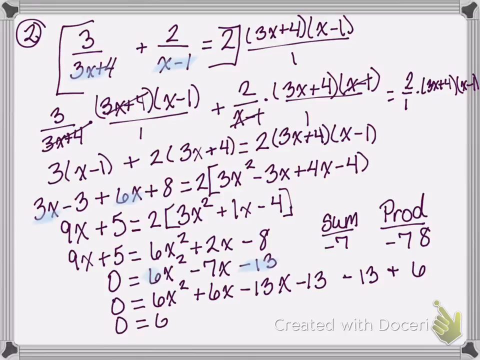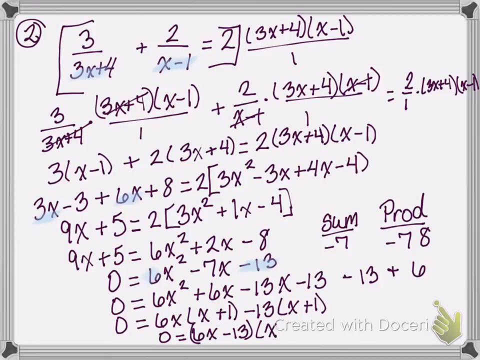Okay, so I factor a 6x out of my first two terms. So I'm left with x plus 1. Then I factor a negative 13 out of my next two terms, and I am left with x plus 1. So the factored form is 6x minus 13 times x plus 1.